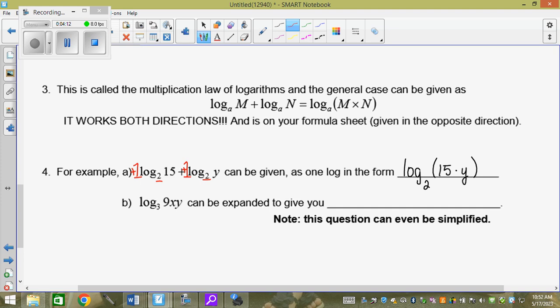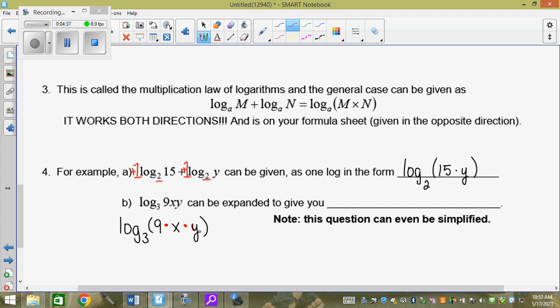Now this one here, people don't spot it, but when I have something with a log beside it like this, I will go 9 times x times y. So when I have anything multiplied together beside a log, I can separate them by addition and expand them.